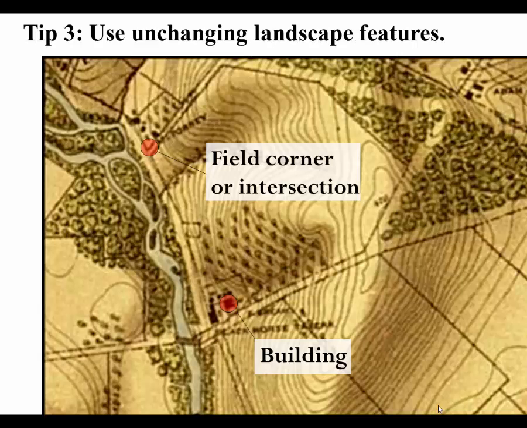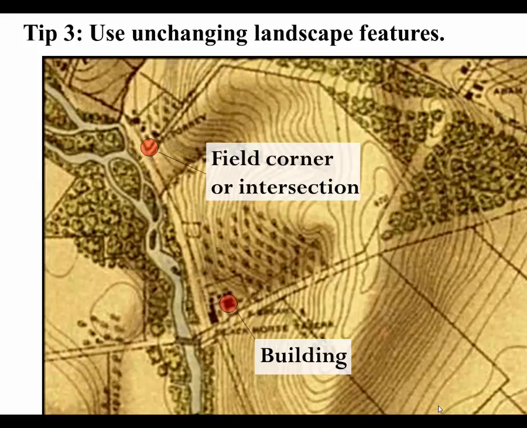Tip number 3, look for landscape features that do not change much. Using unchanging landscape features will help you make the strongest, truest links between the historic map and your reference data. Here from the Gettysburg map are 2 kinds of good examples. A field corner or the intersection of 2 streets is less likely to change than some midpoint along a street or in the middle of a field.